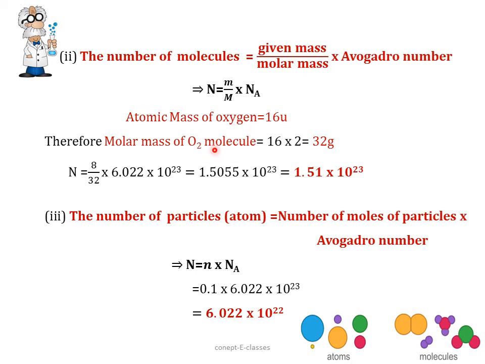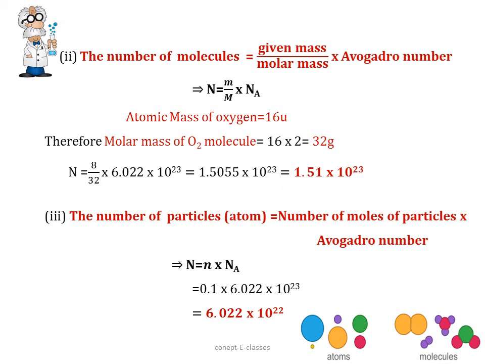The molar mass of oxygen molecule is 16 into 2, which is equal to 32 gram, because in oxygen molecule there are 2 atoms of oxygen. Okay, so we multiply the atomic mass of oxygen with 2, we'll get 32 grams. So the number of molecules is equal to the given mass 8 grams of oxygen divided by molar mass of oxygen into Avogadro number 6.022 into 10 raised to 23, which is equal to 1.51 into 10 raised to 23.